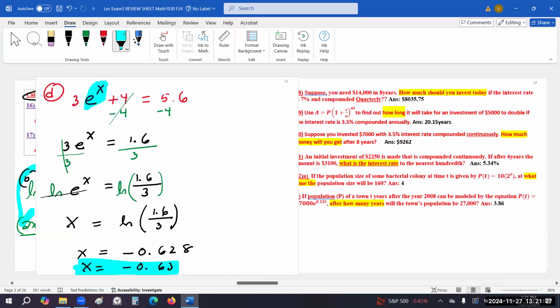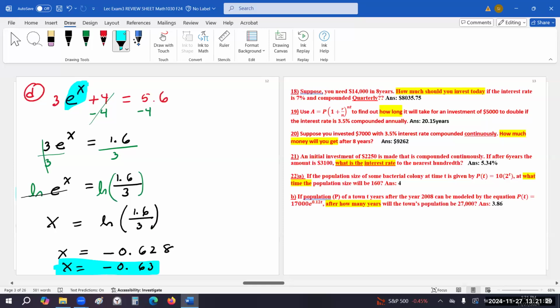And now, where do we use them in real life? In real life, we have many scenarios based on your equation. I'm not going to go over all the questions, just the formula. We have 2 formulas. One is final equals initial, 1 plus r over n to the power nt.